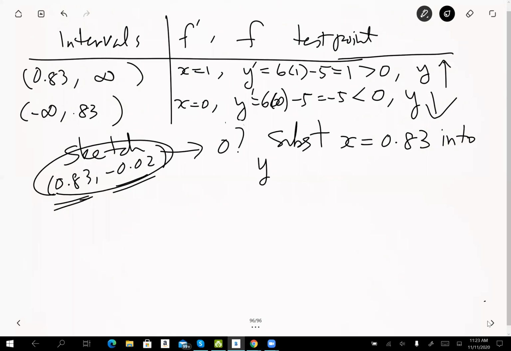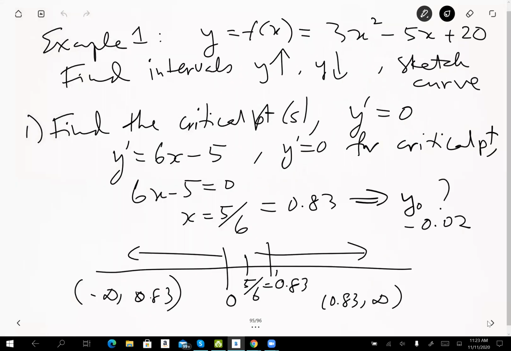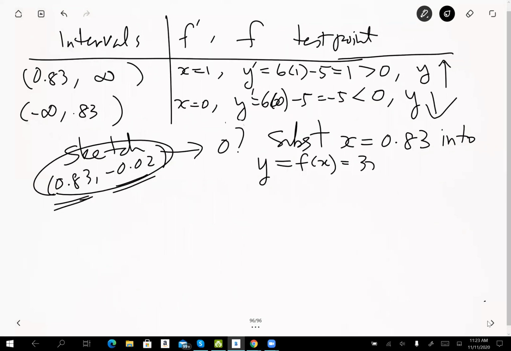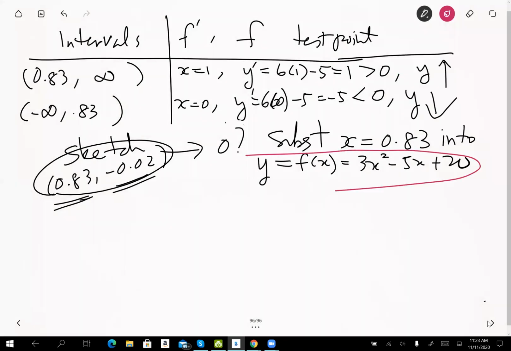So you substitute into y, the function, which is equal to 3x squared minus 5x plus 20. Substitute into that, not into y prime.